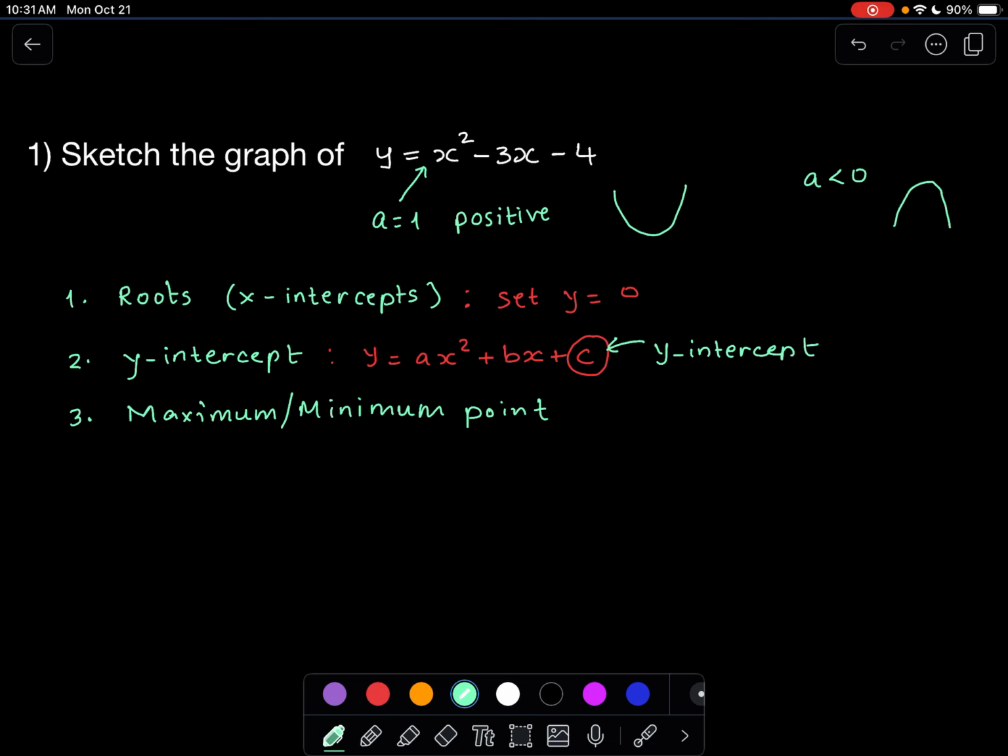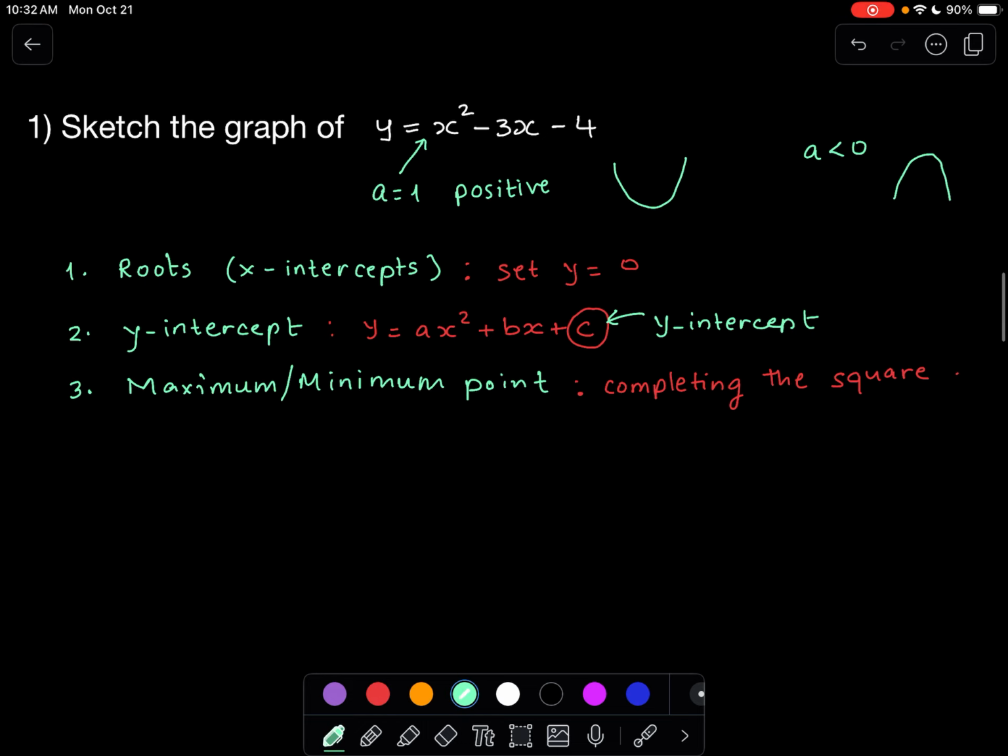And the coordinates of the minimum or maximum point, we are going to achieve this by completing the square. Right, so let us begin.